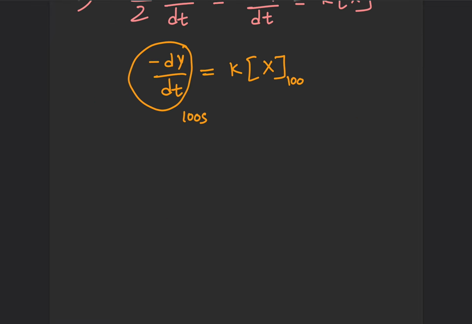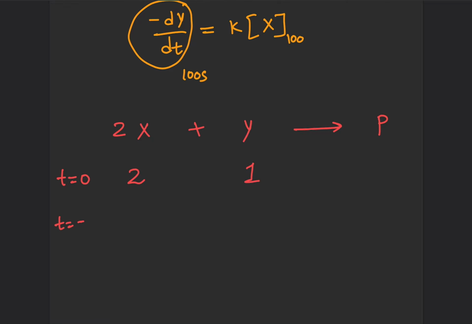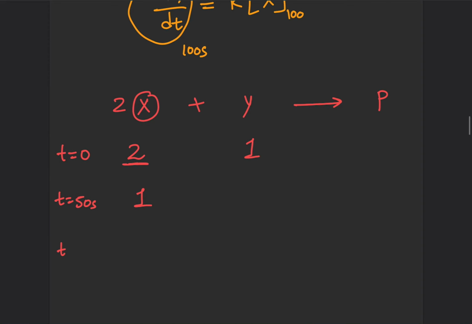So we know a few pieces of information. We know the reaction is 2X plus Y giving us P. If you remember, at time t equal to 0, we had 2 moles of X and volume of the solution 1 liter, so concentration is 2 and the concentration of Y was 1. And at t equal to 50 second, which is the half-life of X, 2 became 1, right? Concentration reduced to half.